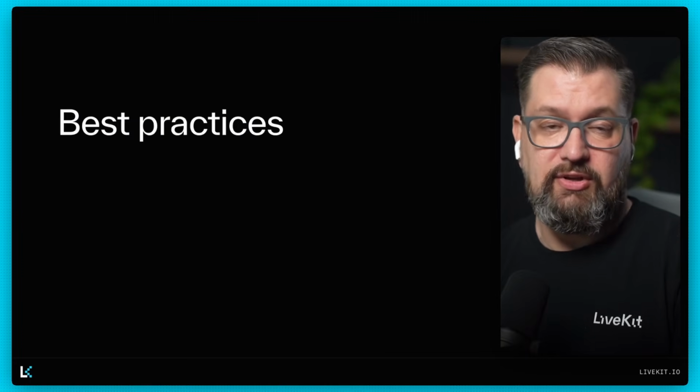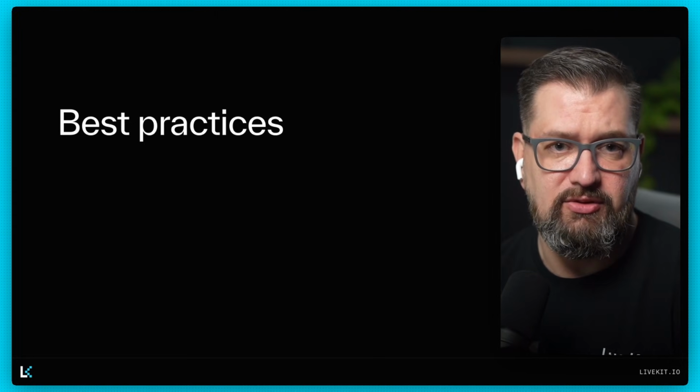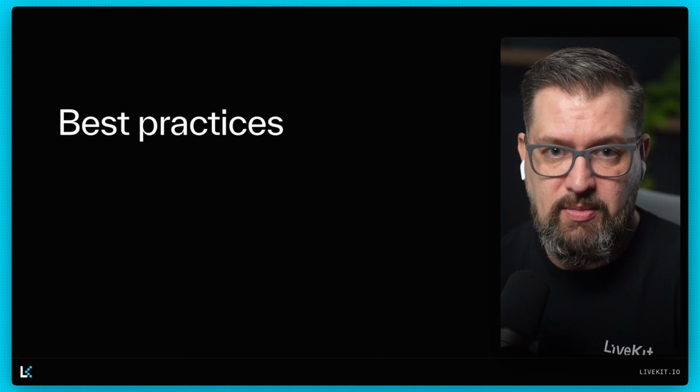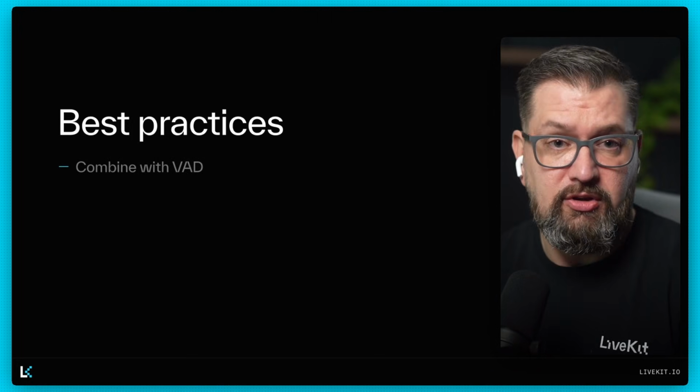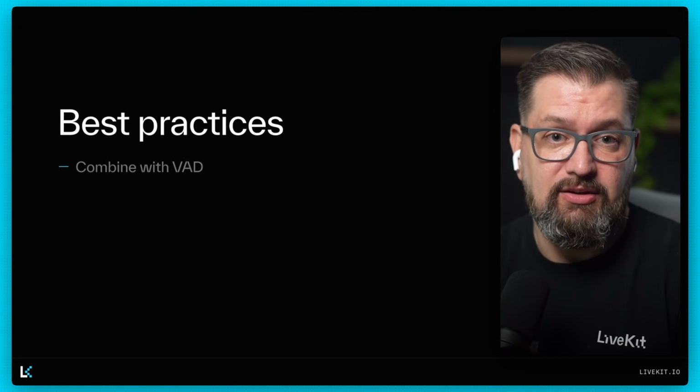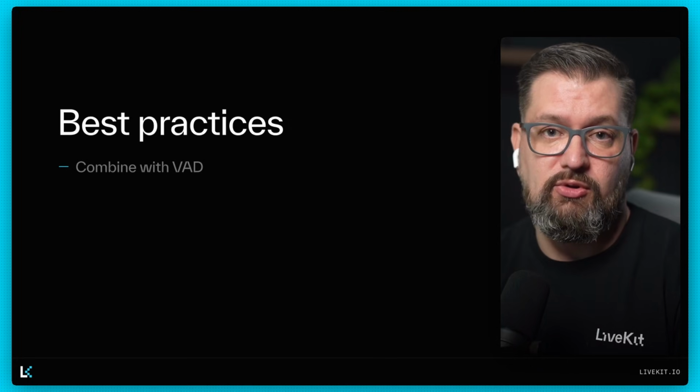So this single change dramatically improves conversational quality. The agent feels more patient and natural, and this prepares you for more advanced latency optimization in later lessons. So let's talk about some best practices. A few things to keep in mind when using turn detection: make sure that you combine it with VAD and noise control for best results.